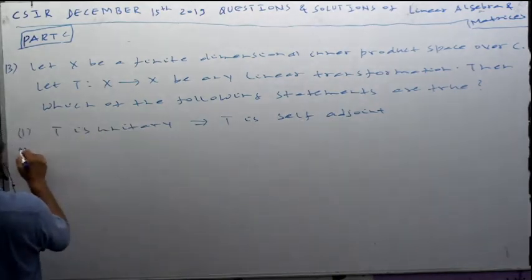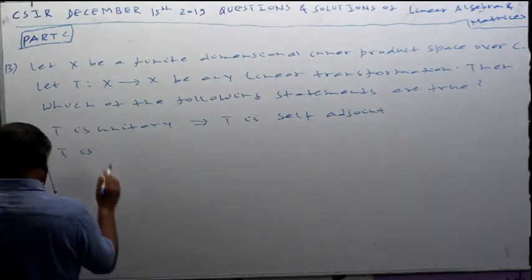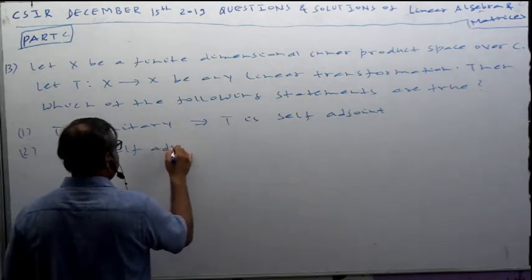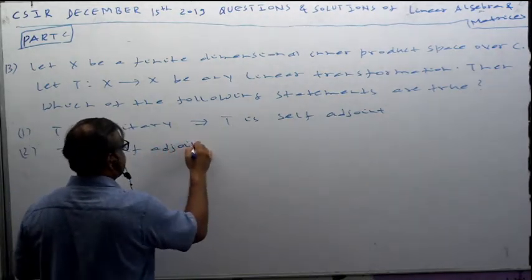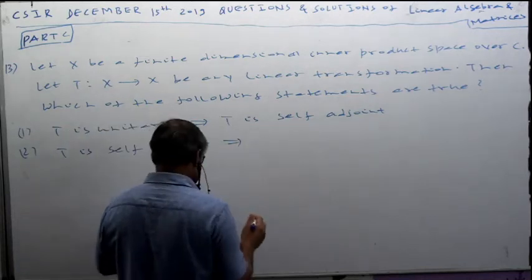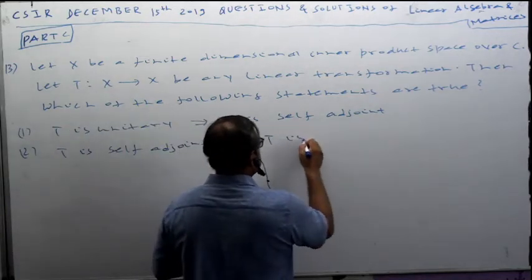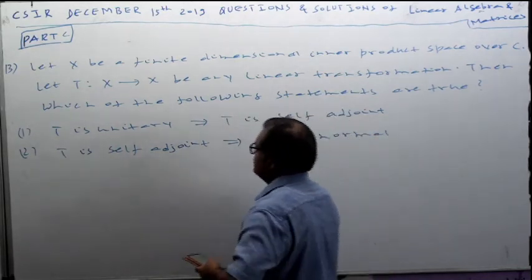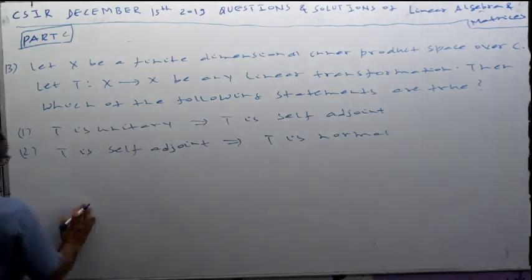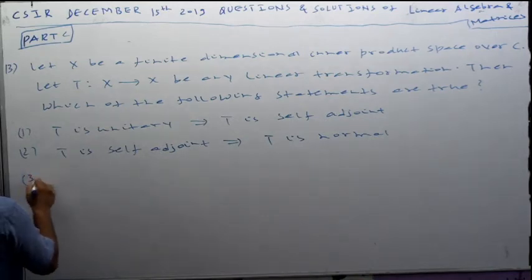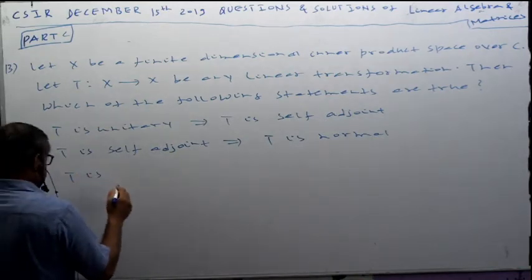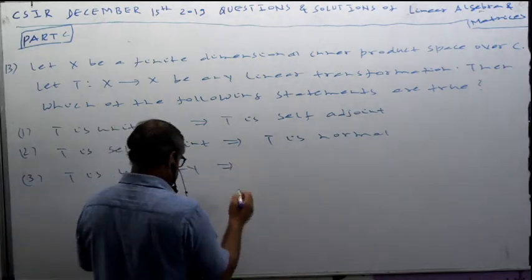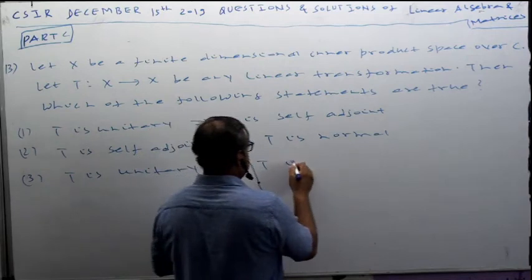Second, T is self-adjoint implies T is normal. Third, T is unitary implies T is normal.